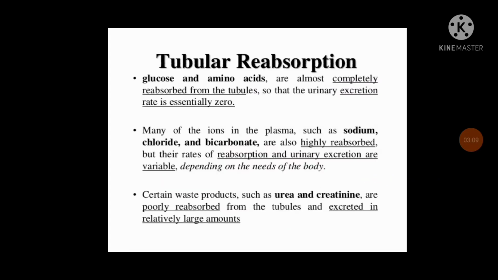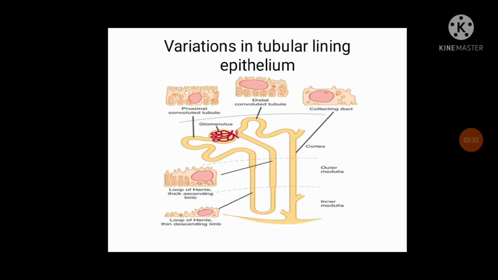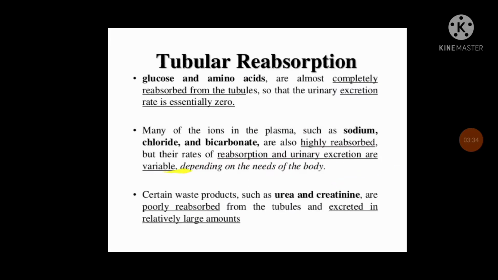What is tubular reabsorption? Glucose and amino acids are almost completely reabsorbed from the tubules, so that urinary excretion is essentially zero. Many of the ions in the plasma, such as sodium, chloride, and bicarbonate, are also highly reabsorbed, but their rates of reabsorption and urinary excretion vary depending on the needs of the body.